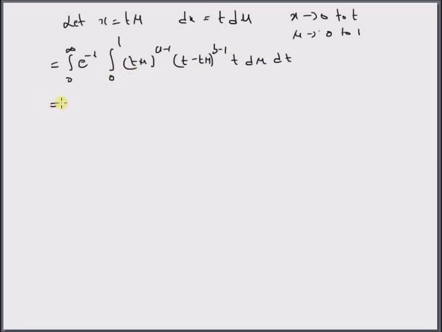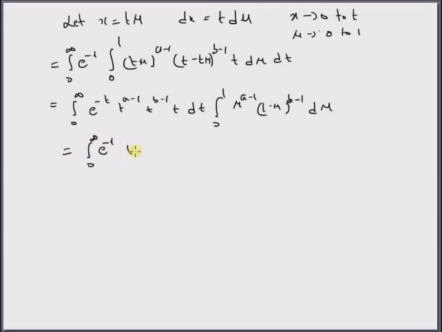Now again rearranging this integral, we have the integral from 0 to infinity of e power minus t, t power a minus 1, t power b minus 1, t dt, times the integral from 0 to 1 of mu power a minus 1, (1 minus mu) power b minus 1 d mu. This is written as the integral from 0 to infinity of e power minus t, t power a plus b minus 1 dt, and this is again the integral from 0 to 1 of mu power a minus 1, (1 minus mu) power b minus 1 d mu.